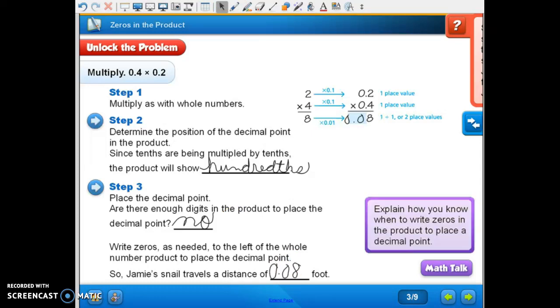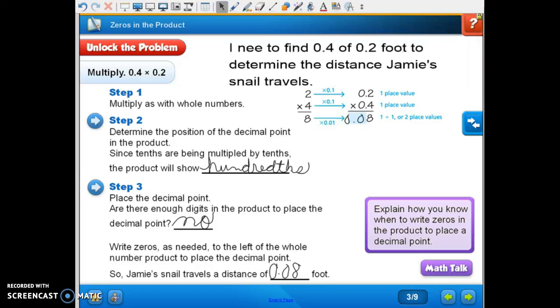Okay, there's a little blue box up in the top right-hand corner on page 191. It says, using the given information, describe what you are being asked to find. So what did we need to find? The distance whose snail traveled? Jamie's. And how are we going to do that? We needed to find 4/10 of 2/10.